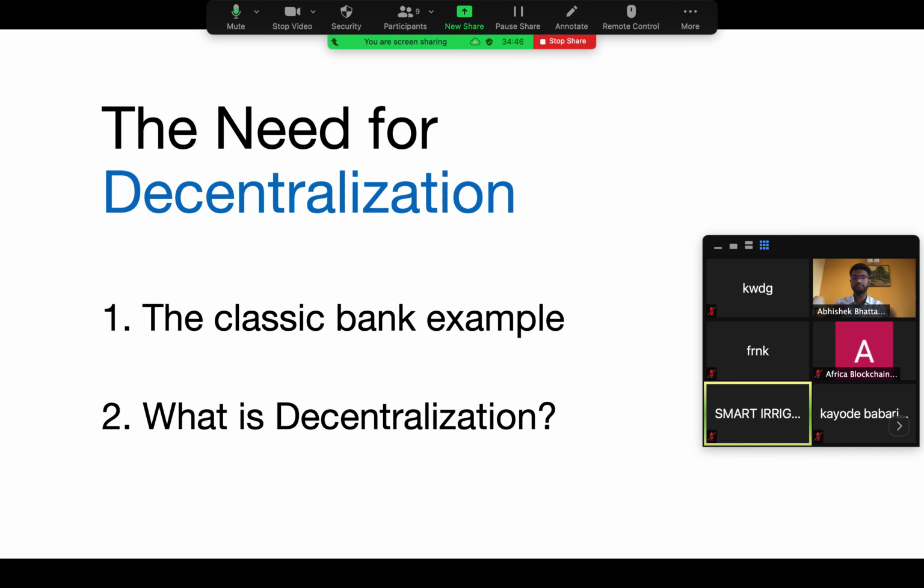I'm not going technical, just touching on a particular point. Let's say there are 10 different people, which are nodes, but let's call them people. All of those 10 people will write this in their respective ledgers, that Mr. Abhishek gave $100 to Mr. Coyote.